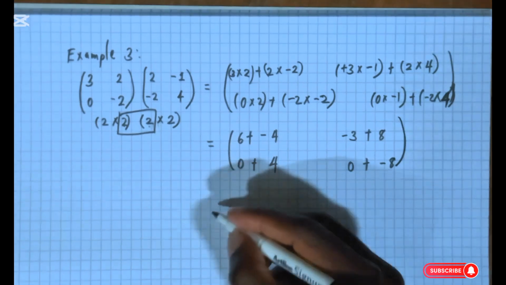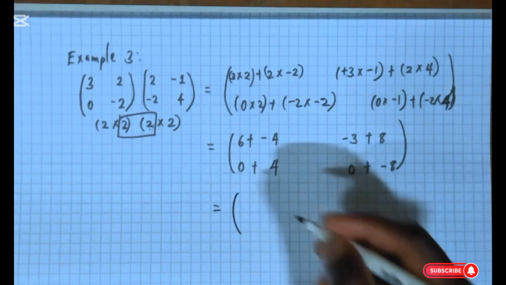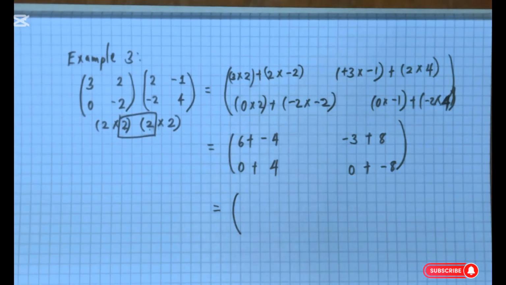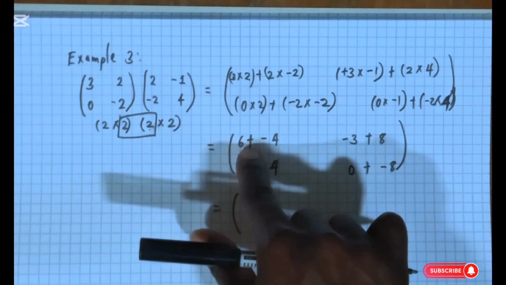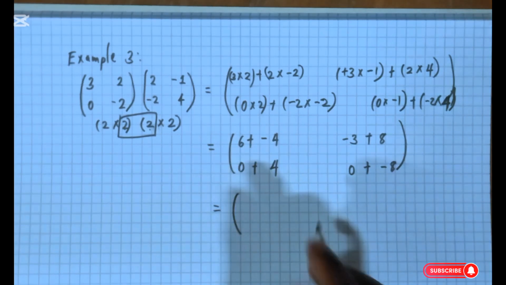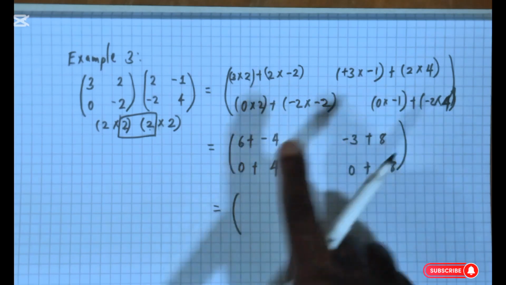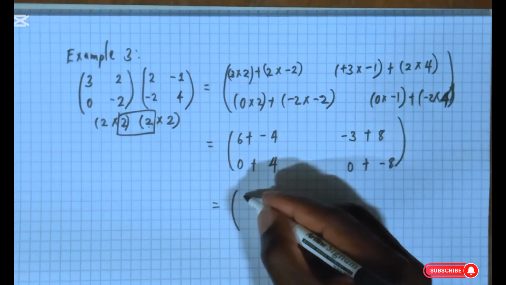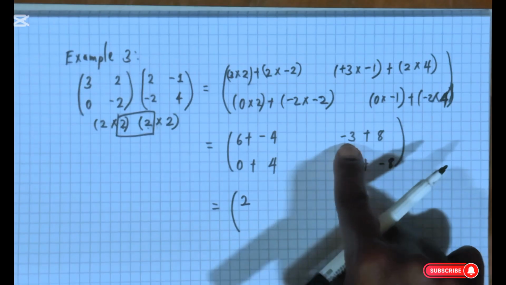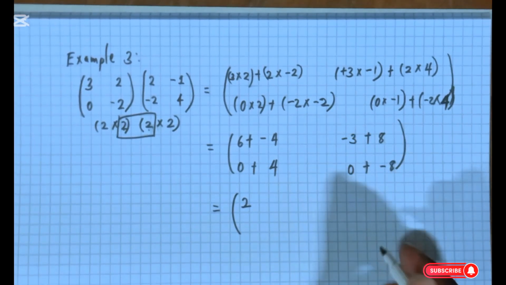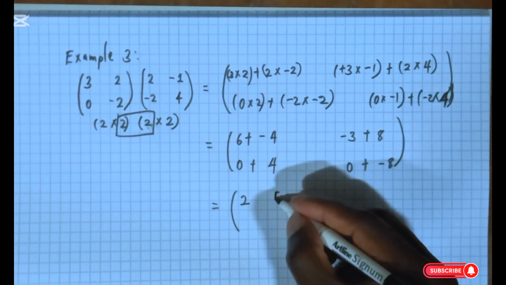So what happens when we add all these numbers? It's going to be 6 plus negative 4, which is the same as 6 minus 4, just going to give us 2. In here we're going to have negative 3 plus 8, and that is going to give us 5.